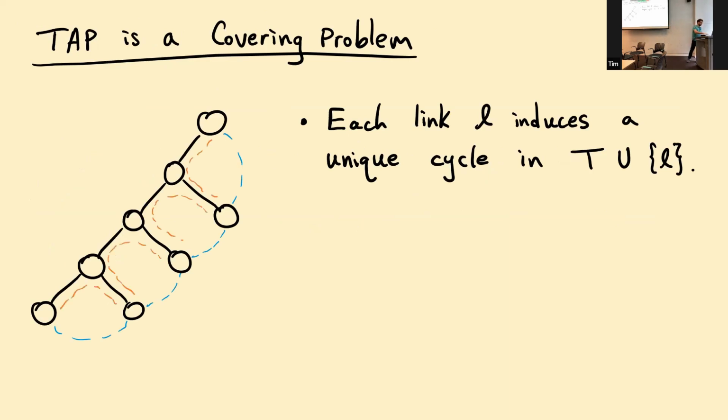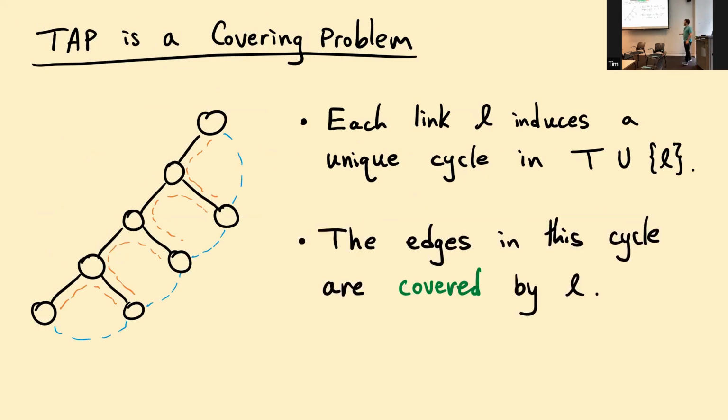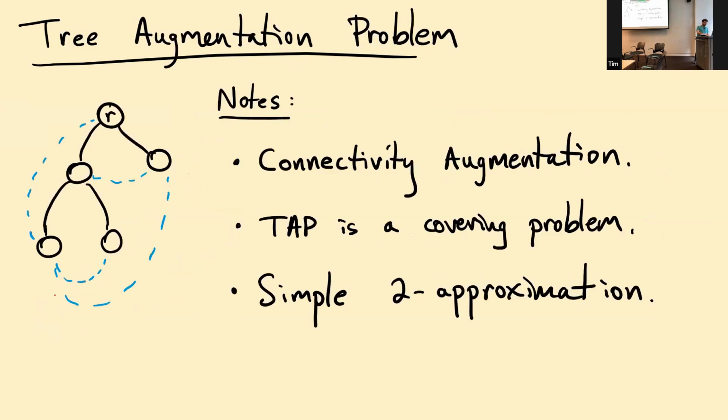If I add in this link over here, then by deleting any of the edges in this cycle that it induces, it will remain a connected graph. So we say that the edges in the cycle are covered by adding in that link. So the tree augmentation problem is essentially covering the edges of the tree by these cycles. So it is a covering problem.